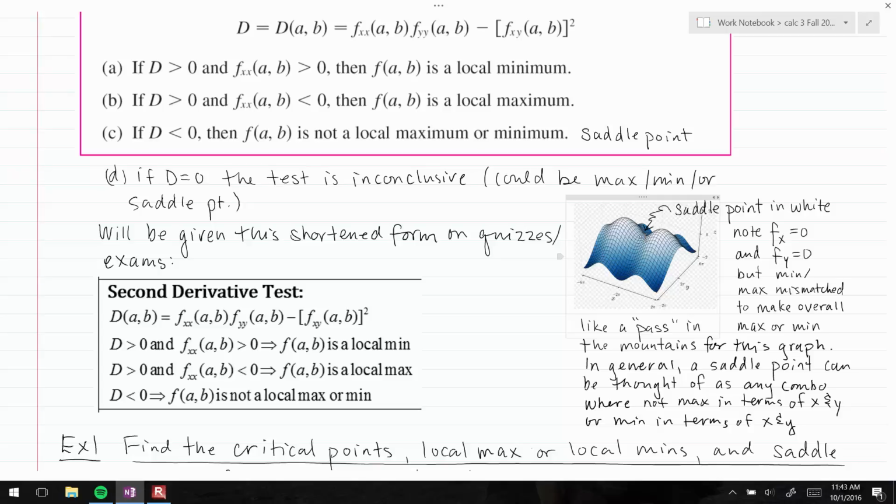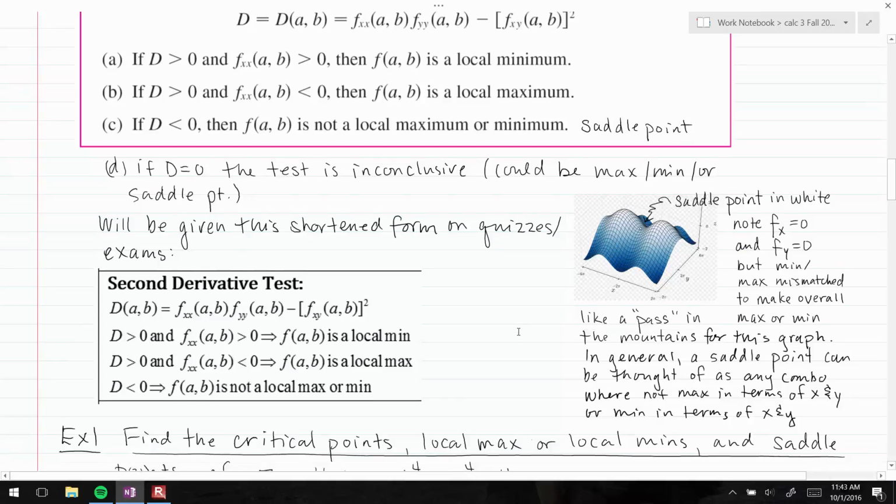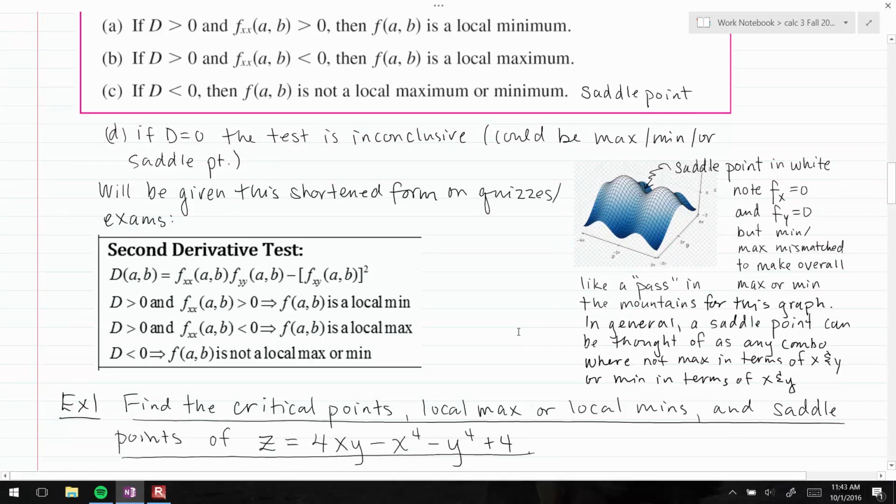So it's called a saddle point. There could be other combinations of that; that's not the only one. You could have an inflection point in one direction and a max in the other direction, and that's still called a saddle point. Sometimes they're kind of hard to see. This is an obvious case.